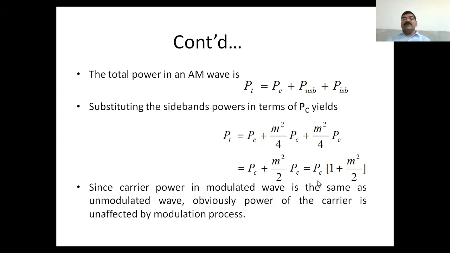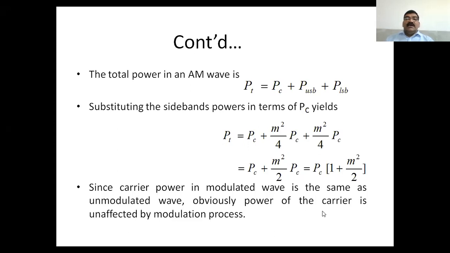If we simplify, it is PC into 1 plus M square by 2. This gives the power of your amplitude modulated signal with both the sidebands and full carrier. PC is the power in the carrier frequency, M is the modulation index, and this formula is given.